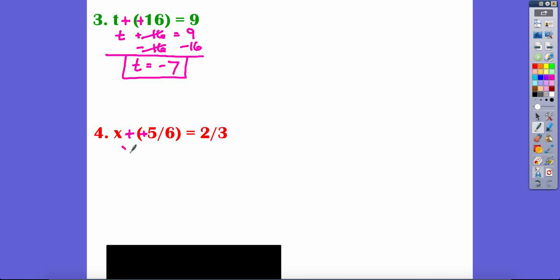So I really have x plus 5/6 equals 2/3. So we're not afraid of fractions. We're going to keep these things as fractions and not make it a decimal. And here's what's going to go on. Okay, I know that x right here is what I want to isolate. 5/6 is being added, so I'm going to subtract. And I'm going to subtract.